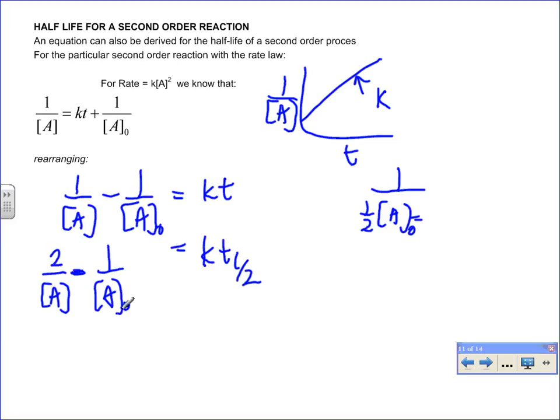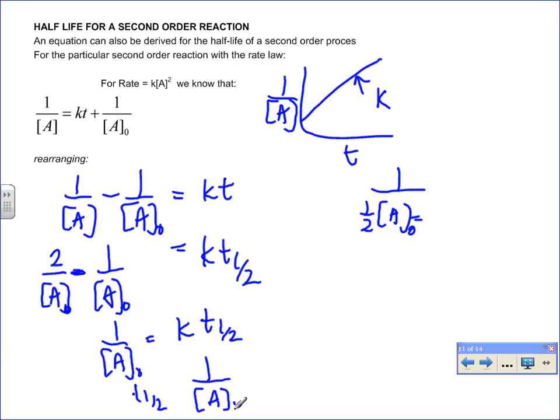So what we have here is 1 over A naught is equal to k t half. So the half-life is 1 over the concentration of A naught times k.